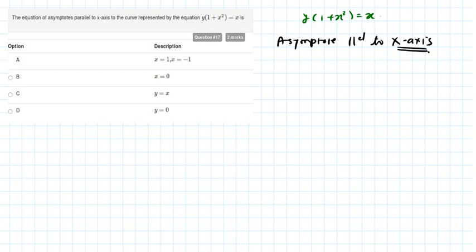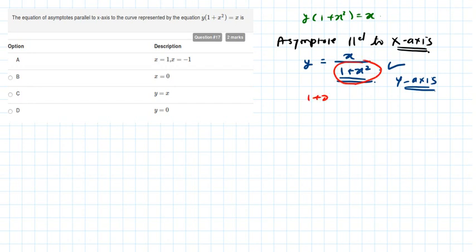If you observe the given example, this y is explicitly expressed as a function of x. It means the asymptote we will get from this equation will be parallel to the y-axis. To find the asymptote parallel to the y-axis, you need to put the denominator equal to 0.